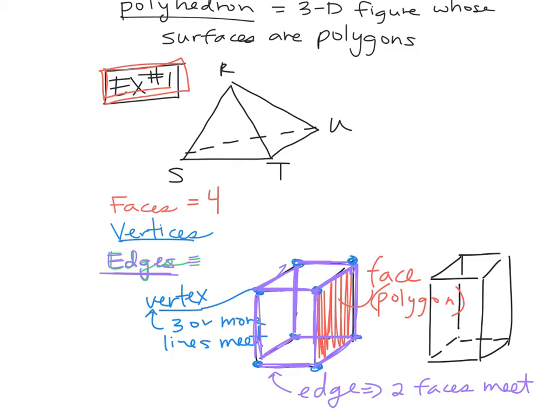Okay. How many vertices does this one have? How many points where 3 or more lines meet in this picture? It has 4. You have 1 here, 1 here, 1 here, 1 there. Okay, so 4 vertices. And then how many edges?